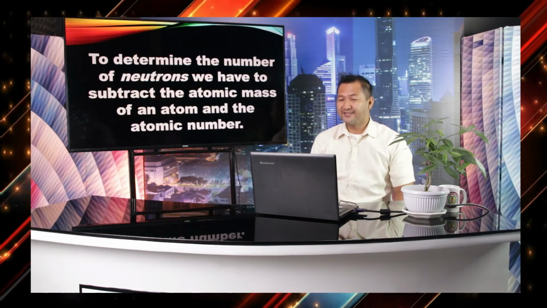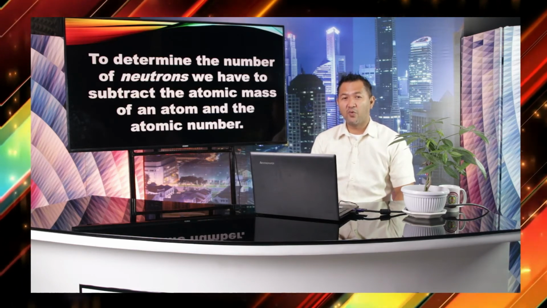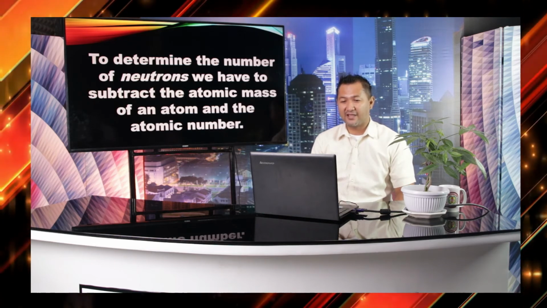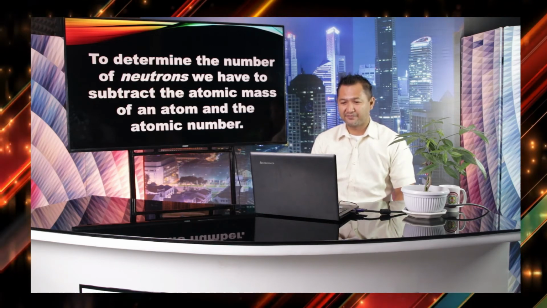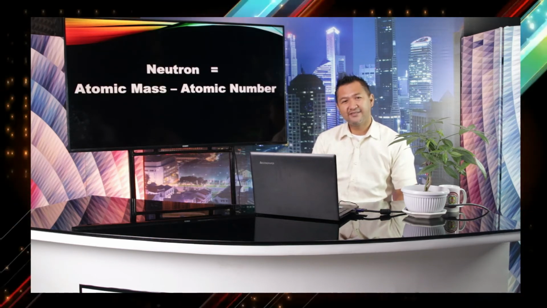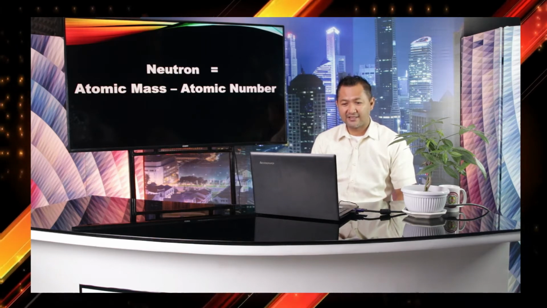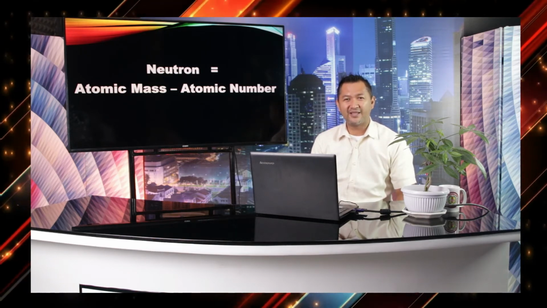To determine the number of neutrons, we subtract the atomic number from the atomic mass. To simplify, neutrons equal the atomic mass minus the atomic number.